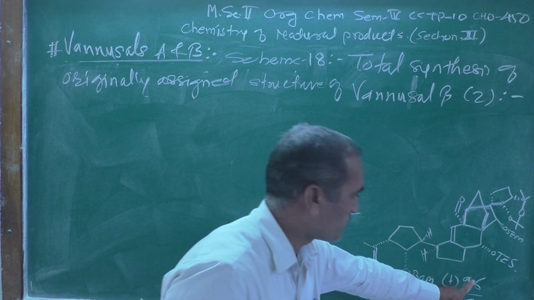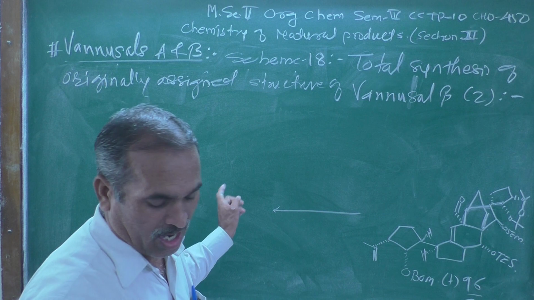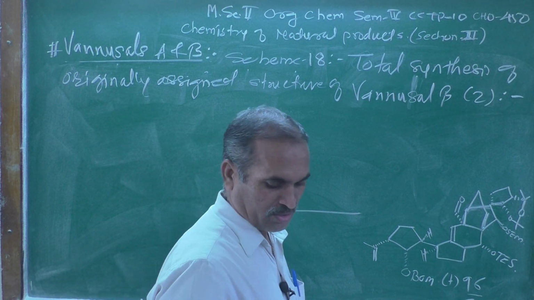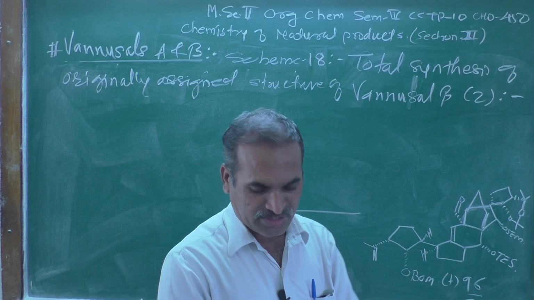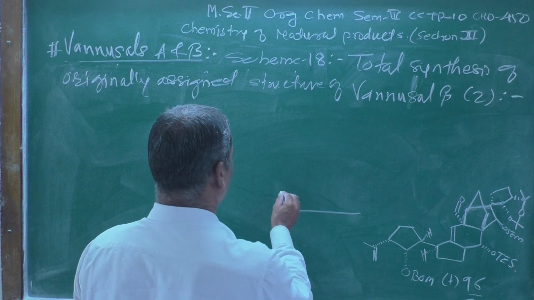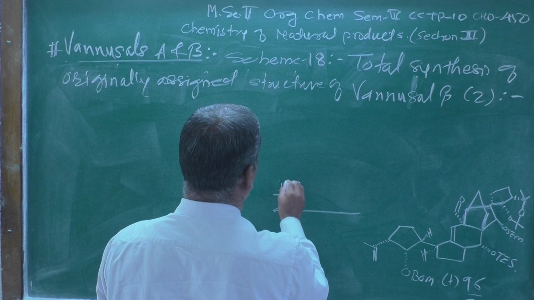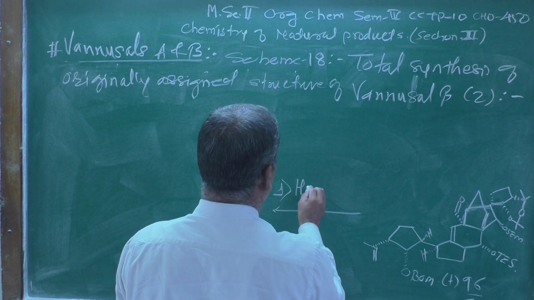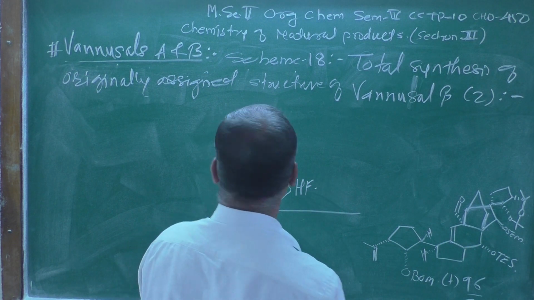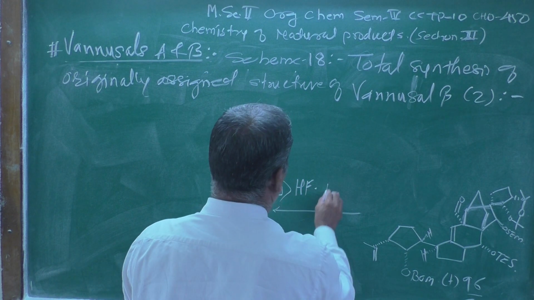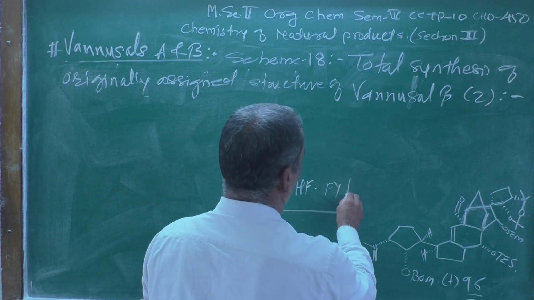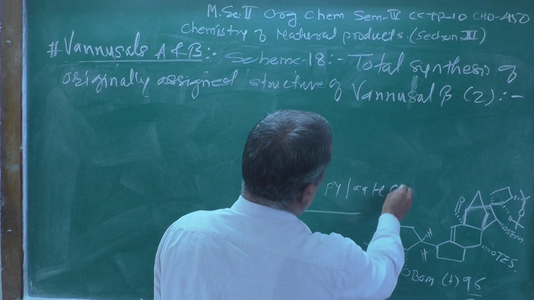So from that 96, I am going to get finally the originally assigned structure. The J reagent will be the deprotection carried out with hydrogen fluoride in presence of pyridine and aqueous HCl.